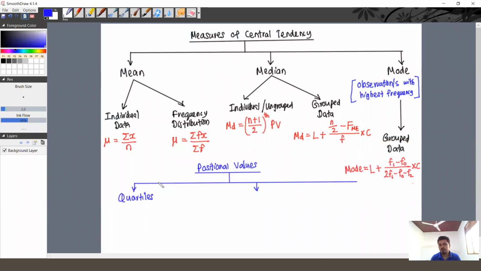Q1, Q2 and Q3 values. Those are what we are calculating in quartiles. It means we are dividing our whole data set into how many equal parts?